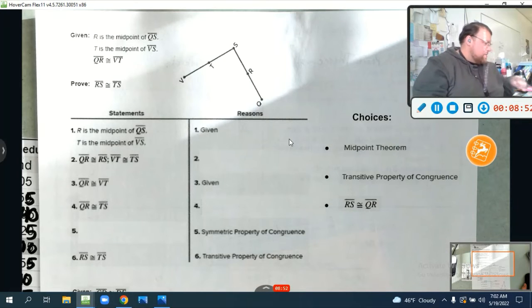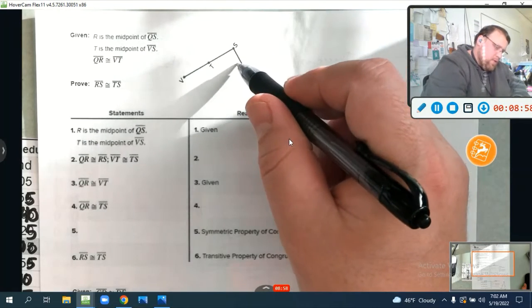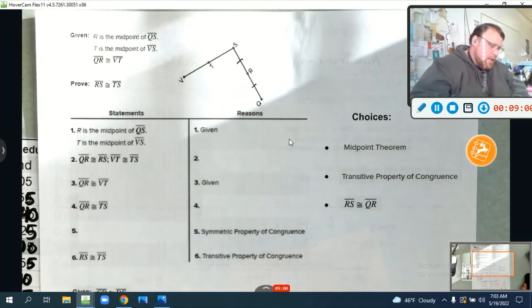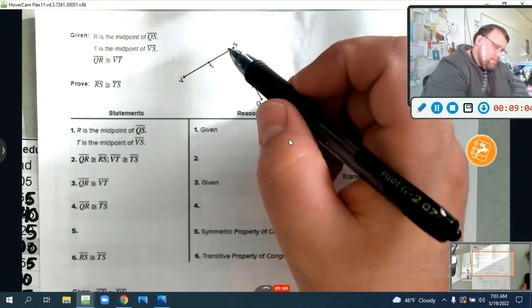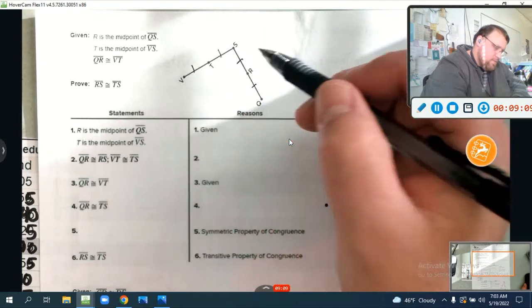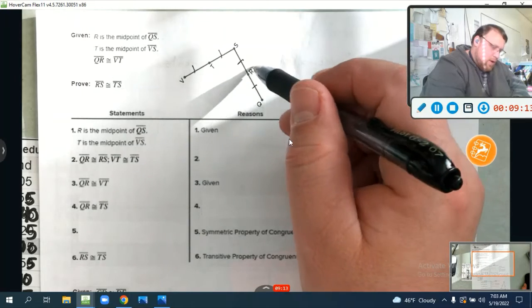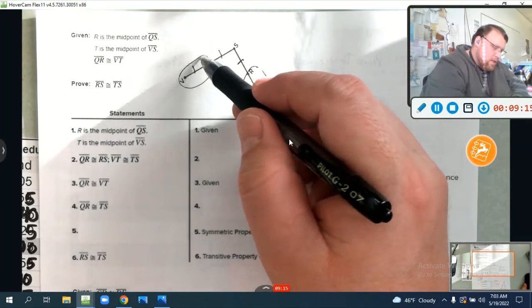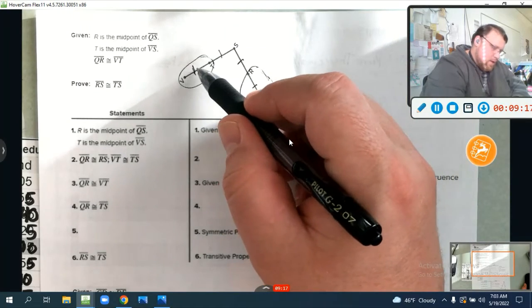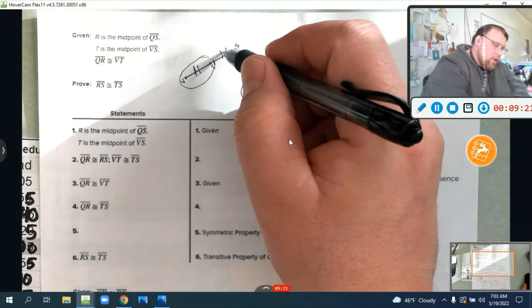R is the midpoint of QS. If R is the midpoint of QS, then we know that those are the same. T is the midpoint of VS. Okay, we want to prove that QR is equal to VT. Now I'm going to write these as... oh no, we're saying QR is equal to VT.